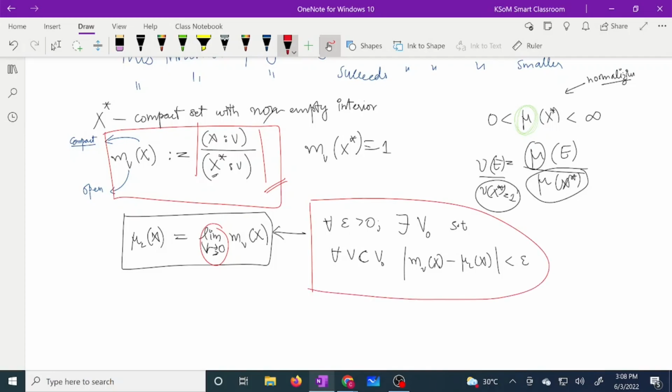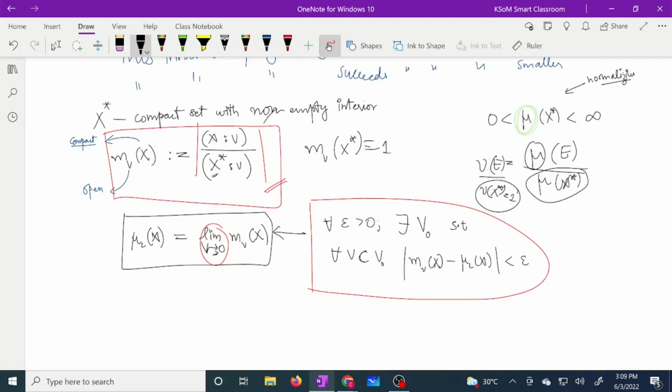Okay, now this is to show that this limit exists first of all, and then to show that the limit is countably additive, inner regular, outer regular, all these things will comprise the proof. This is the intuition. That is the meaning.